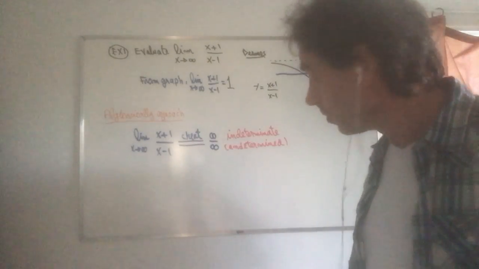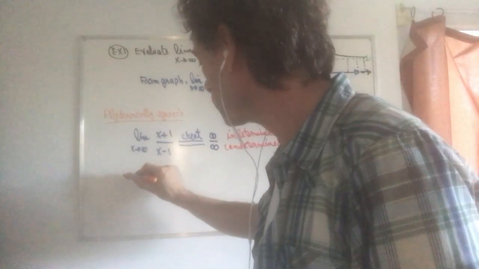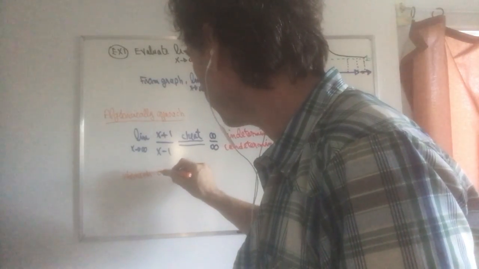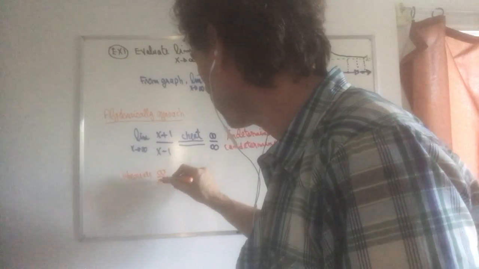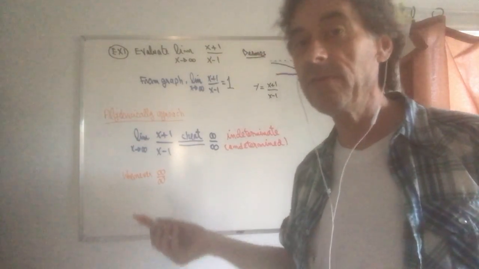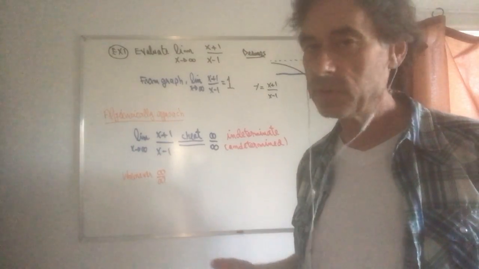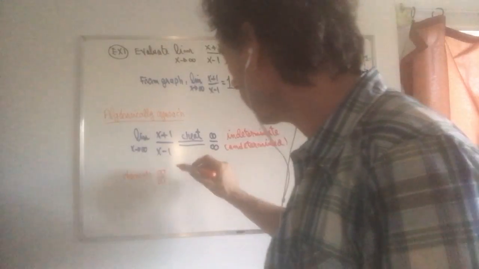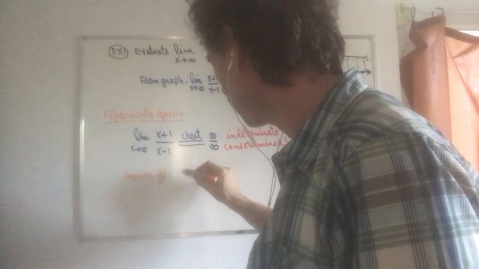Fortunately, the way to deal with this is actually quite easy. Whenever we have infinity over infinity, and that may also apply to infinity over minus infinity or minus infinity over infinity, signs here don't change our approach. If we have that, we use the following technique.